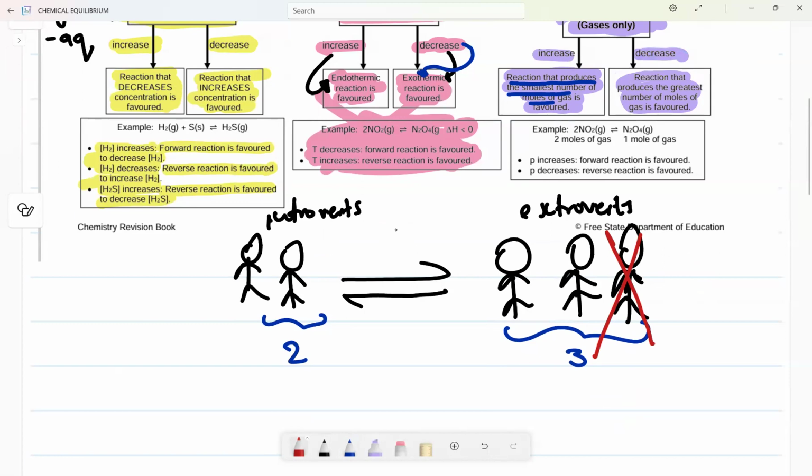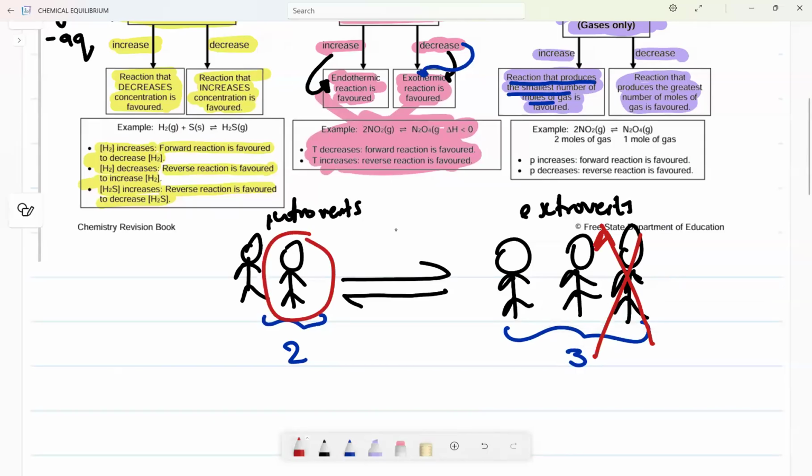Le Chatelier will say, oh no, we want these people as three, not two. So Le Chatelier will say, I will take one of you here and transfer him or her to the other side. Why? Because we do not want them to be short of people. We like them as three.